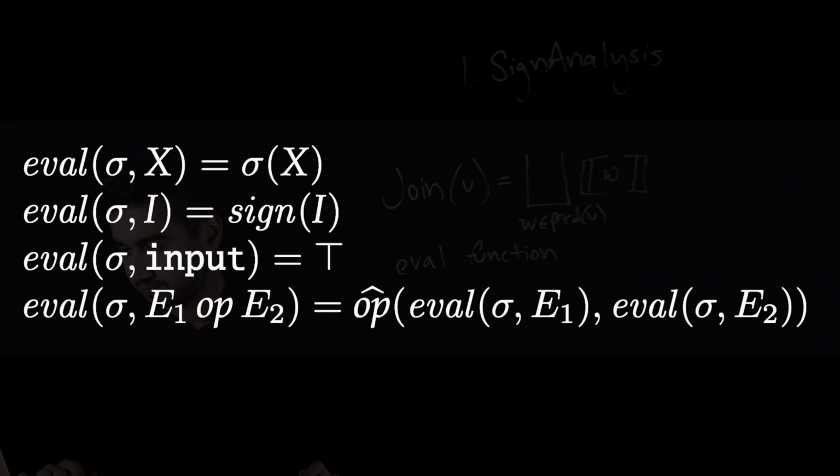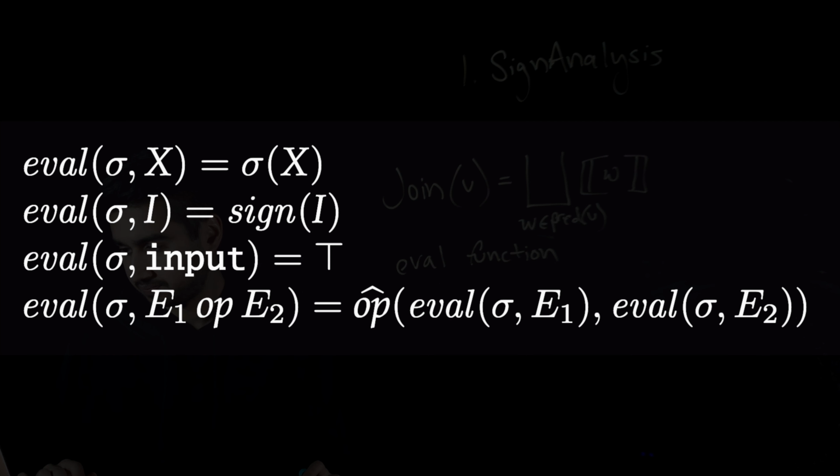If e is the input function, we're going to return top because we won't know the sign of e. If e is a binary expression, we'll abstractly evaluate both sides of that expression and then abstractly combine them. This op with a little hat on it represents combining abstract values together.